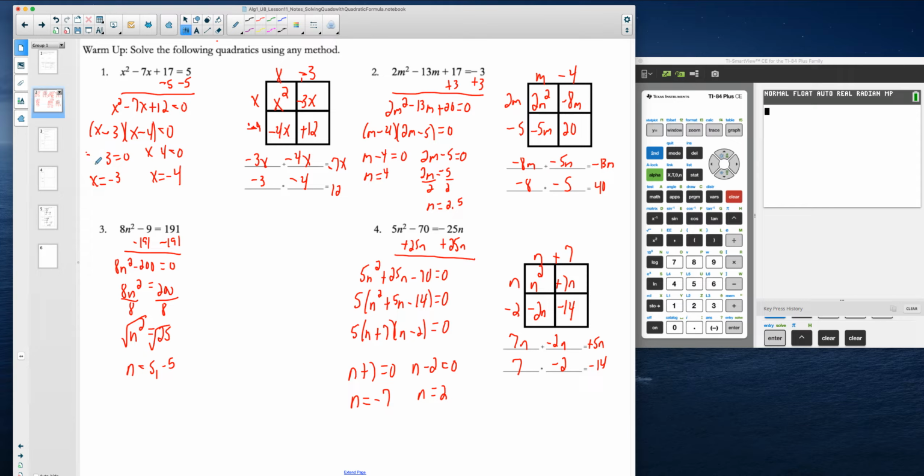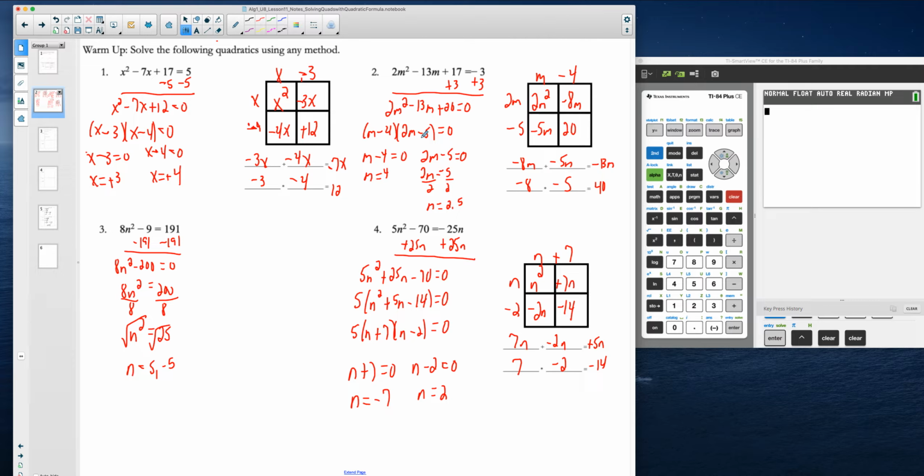So that means now x minus 3 would be equal to 0 and x minus 4 would equal 0, which means that instead of getting negative 3 and negative 4, we're going to get positive 3 and positive 4. So you can see how important those signs are. All right, so attention to detail. Don't make the same mistakes I make.